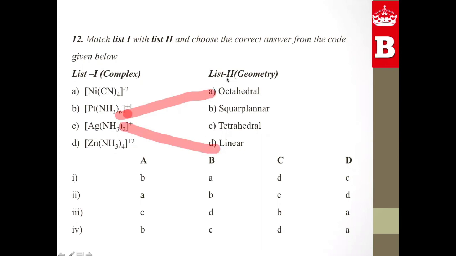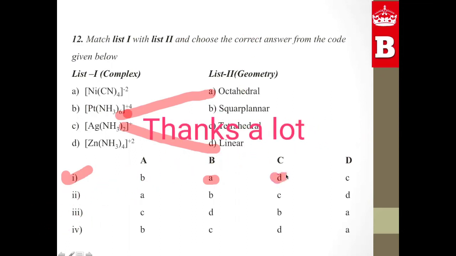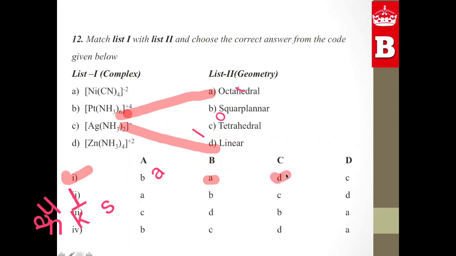So from list 2, A will be common with B, so B is A. So here it is A, B, A. So no A is there. So the first option will be our correct answer. Let's verify it. C should be D. So for us, option 1 is the correct one.